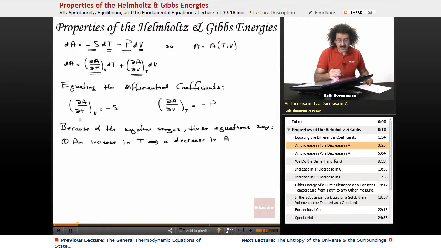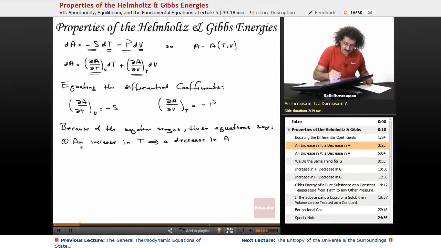It's really important when you see equations like this: you're equating some value with a rate. It's very easy to forget that we're talking about a rate of change. So an increase in temperature implies a decrease in A.